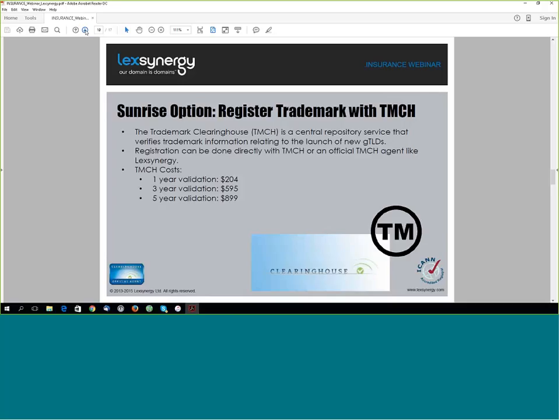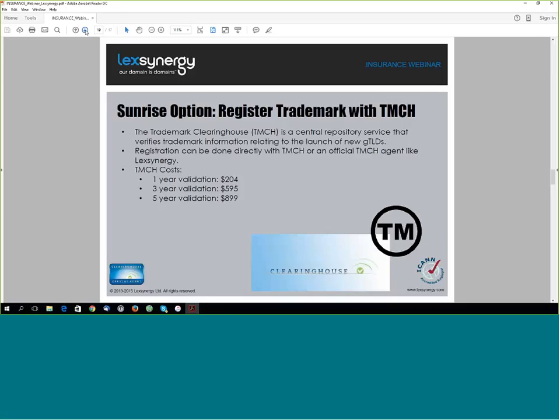So if you submit your mark through us, you can submit it for a 1-year validation, 3-year, or a 5-year validation, and that obviously has a different cost implication. We would suggest that if you only plan on registering a .insurance domain name to go for the 1-year validation.